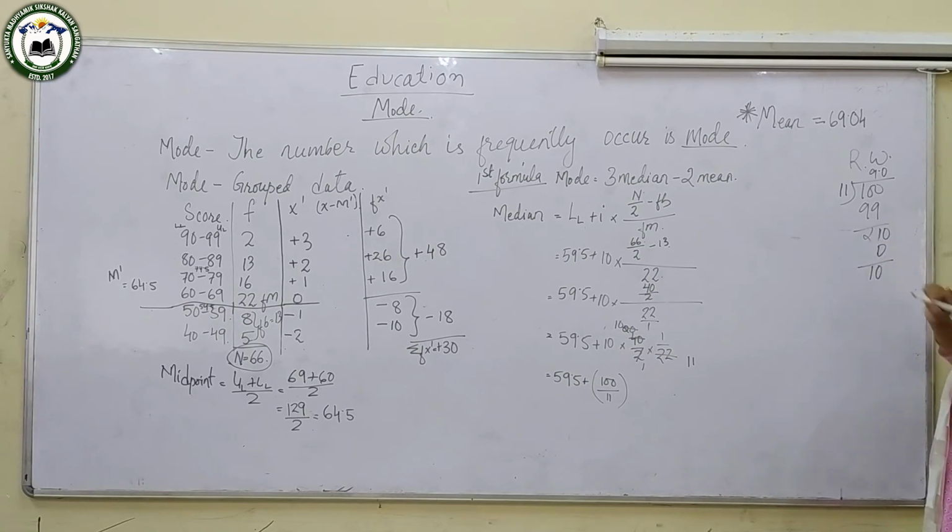So 10, again because of the decimal point you can easily add 0. So 11 nines are 99. Okay, again you will get 1. So what I am doing, I am taking out only 2 numbers after the decimal point.